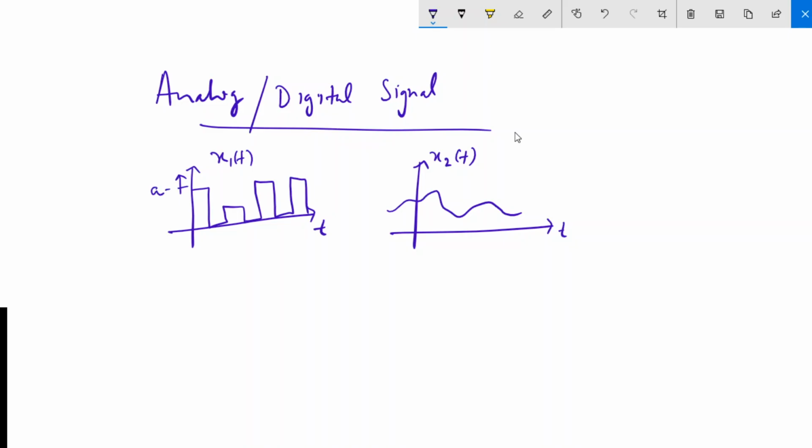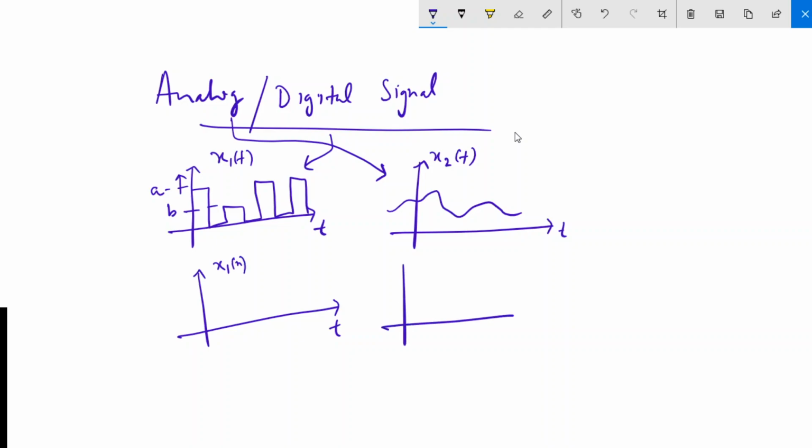This is suppose level A, and this may be level B. So the signal amplitude fluctuates between the two levels, either at level A or level B. When the amplitude of the signal is fixed, or it takes certain fixed levels, we call it a digital signal. And if the amplitude of the signal is changing randomly, it can take any value, it is called an analog signal.